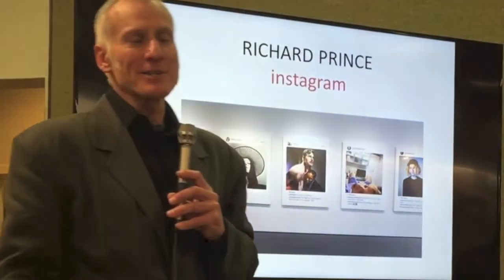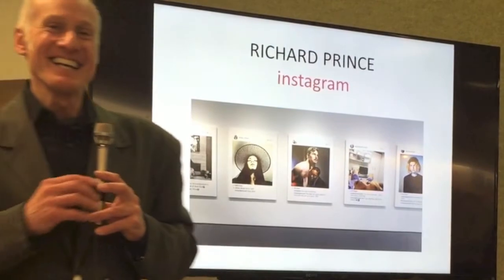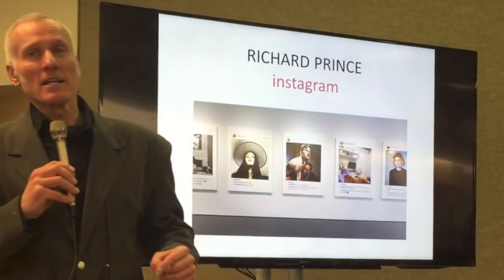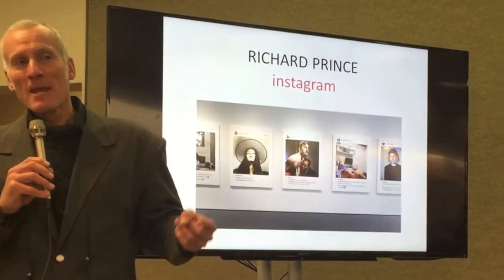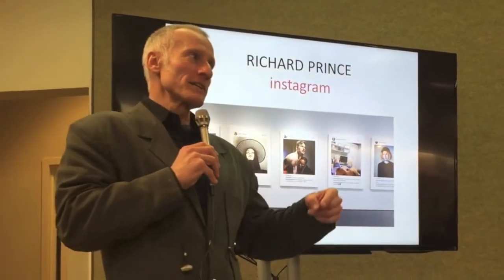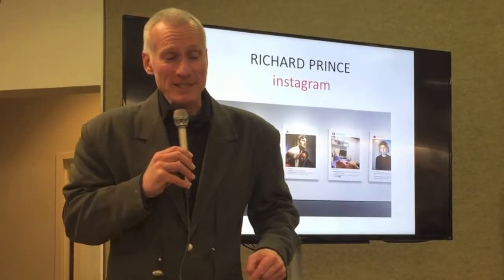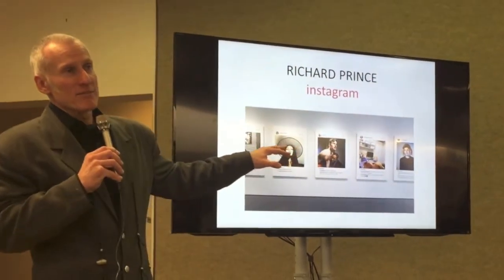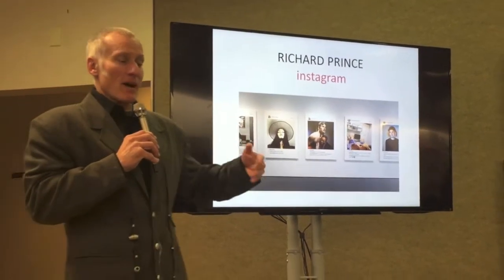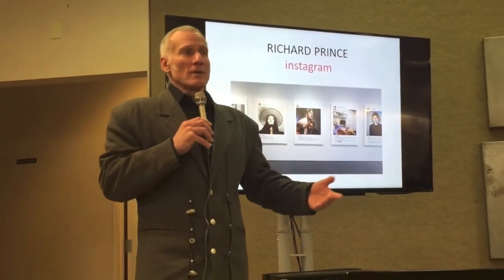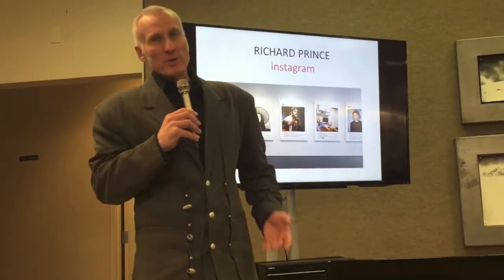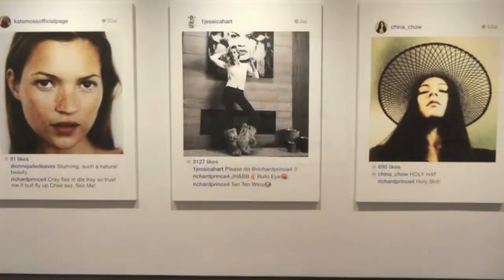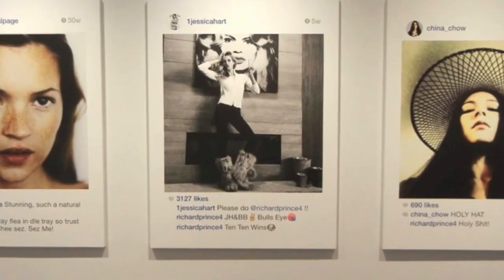Richard Prince is one of those artists that artists love to hate, and personally I'm not a big fan either. But what's relevant is that he's using digital technology, and also the technology that other people use at the same time. These are images printed on canvas that other people have created. There are things like Facebook, Instagram and Twitter that many people use on a daily basis.